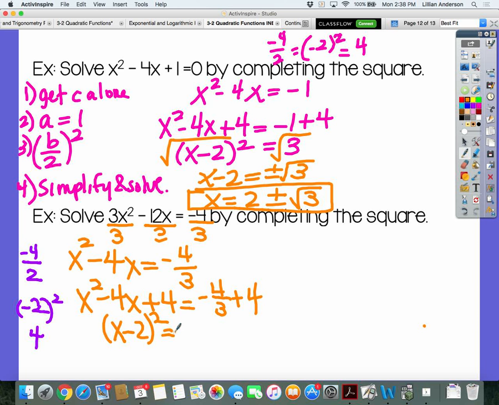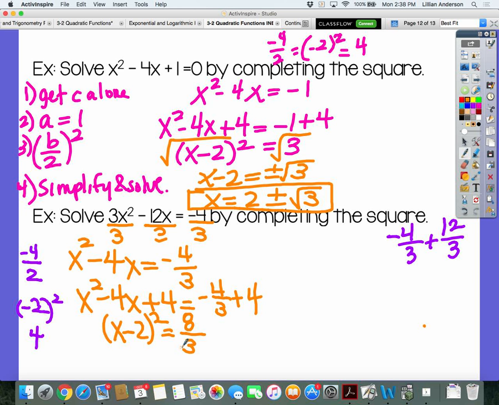Lowest common denominator. It's going to be 3. What over 3 gives you 4? 12. So 12 over 3 is basically 4. Then you just add. What's -4 plus 12? 8 over 3. There we go.